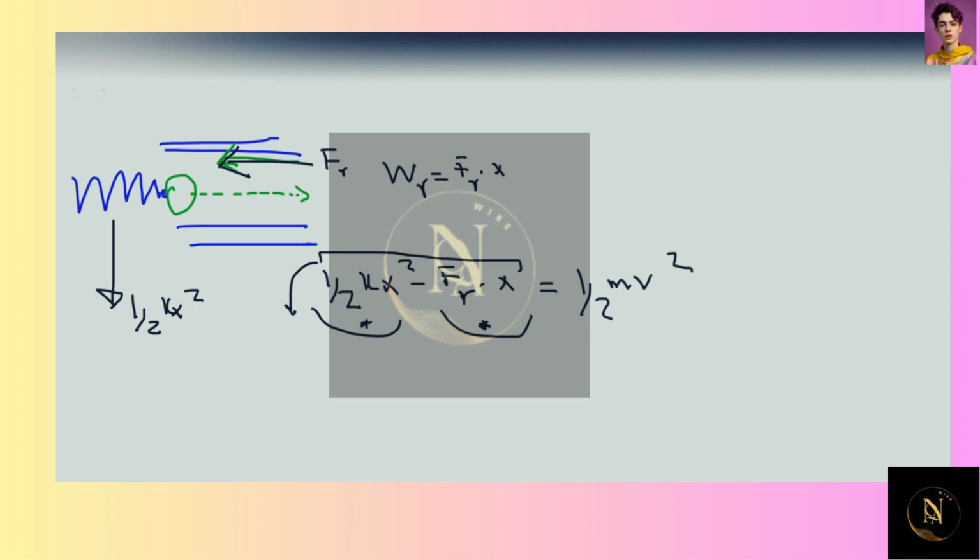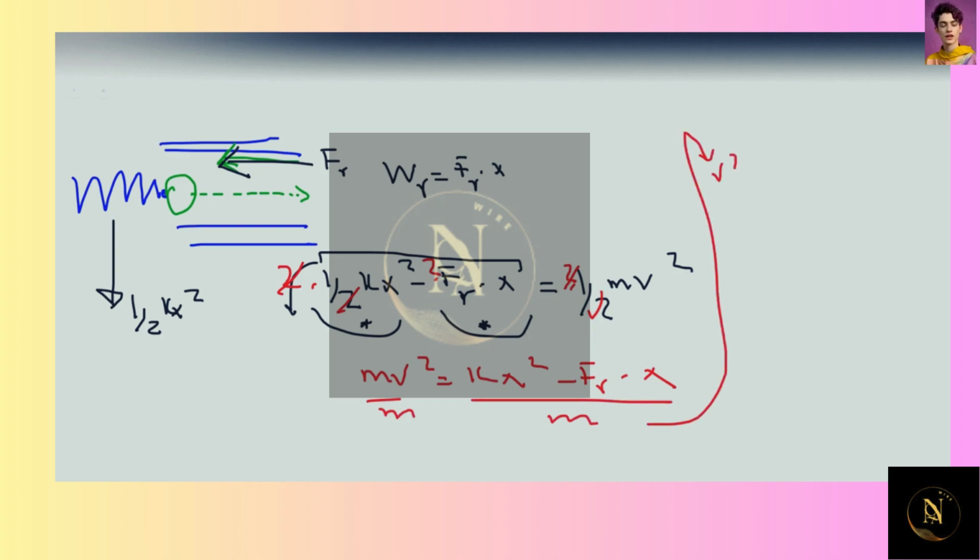Then we can make our life easier by multiplying everything by 2. That way you cancel this 1/2 and that 1/2. So we end up having mv squared equals kx squared minus Fr times x. We divide both sides by the mass, m, and we end up having v squared equals kx squared minus Fr times x over m.